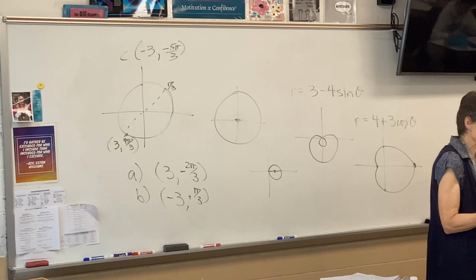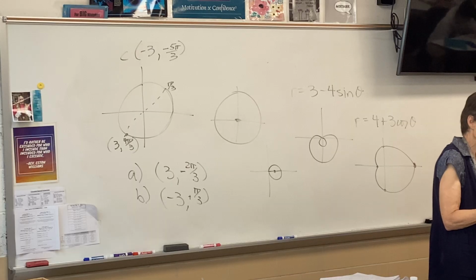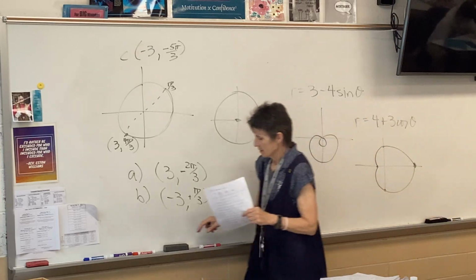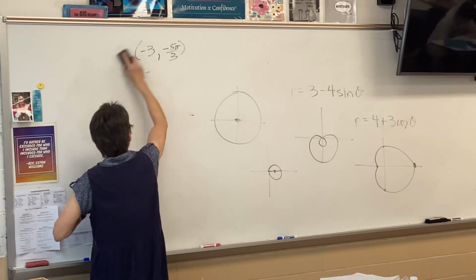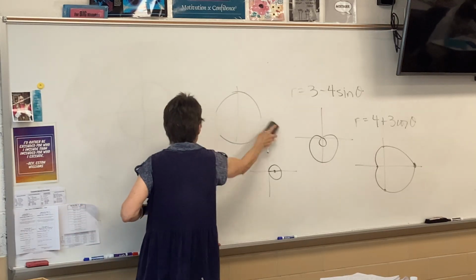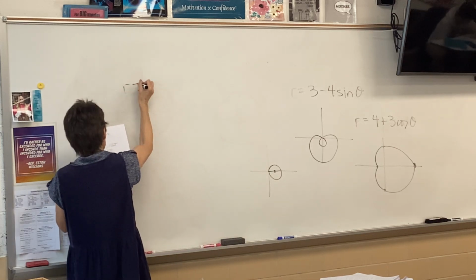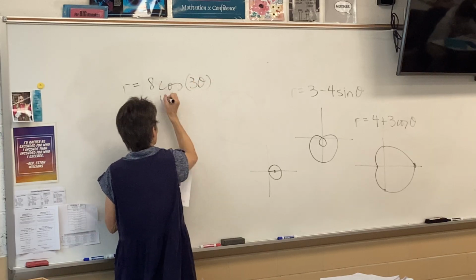We want to be the furthest from the pole. That shape is a rose, so there's going to be more than one answer. When are you going to be the furthest from the pole? What has to be going on?